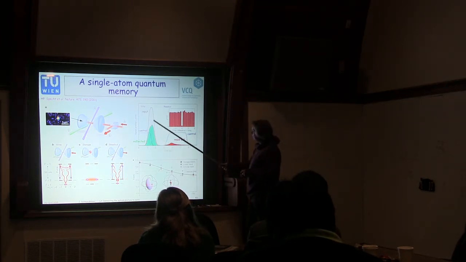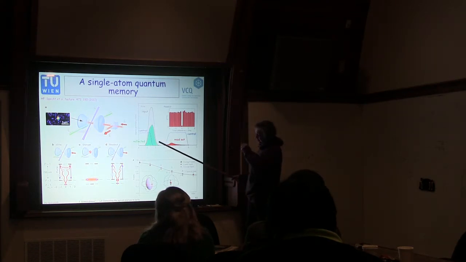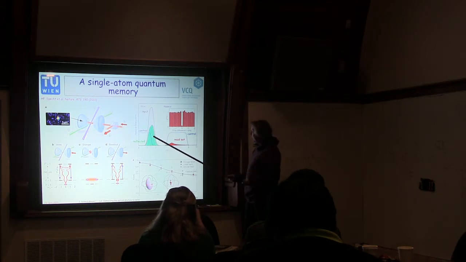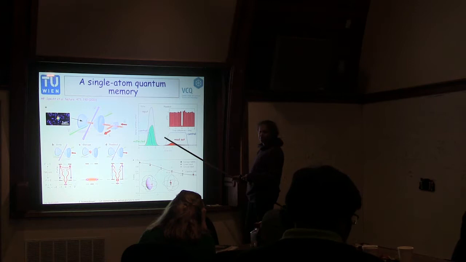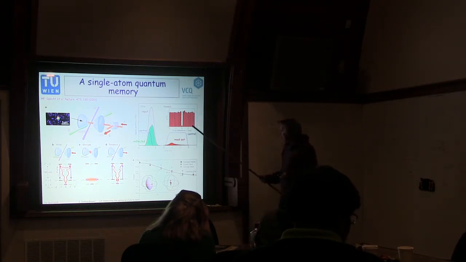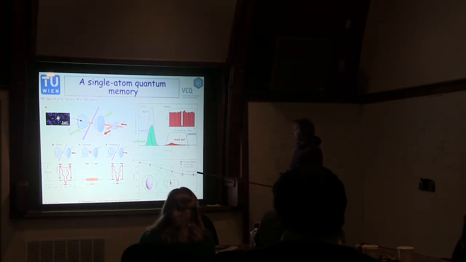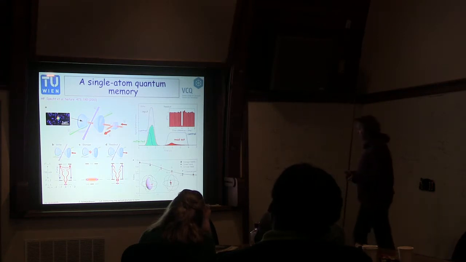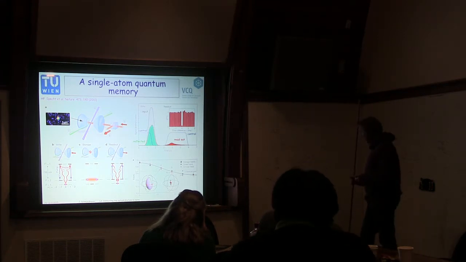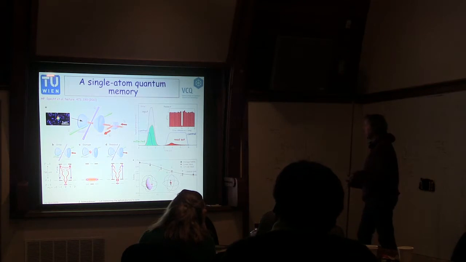This is the input pulse you want to write in. You have your control field that allows you to switch the photon over into the atomic state with a Raman transition, but nevertheless only something like 50% of the photon gets stored. Then after some time you read out, and it's not exactly the same shape, but nevertheless they get a quantum fidelity which is above classical, typically over 100 microseconds.